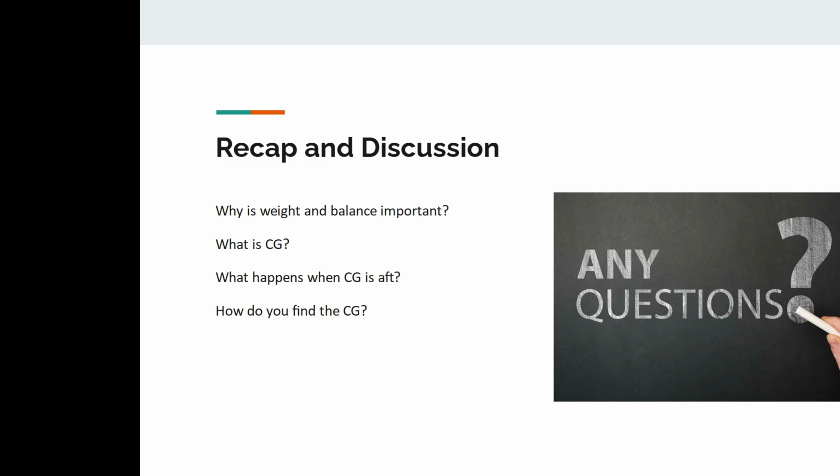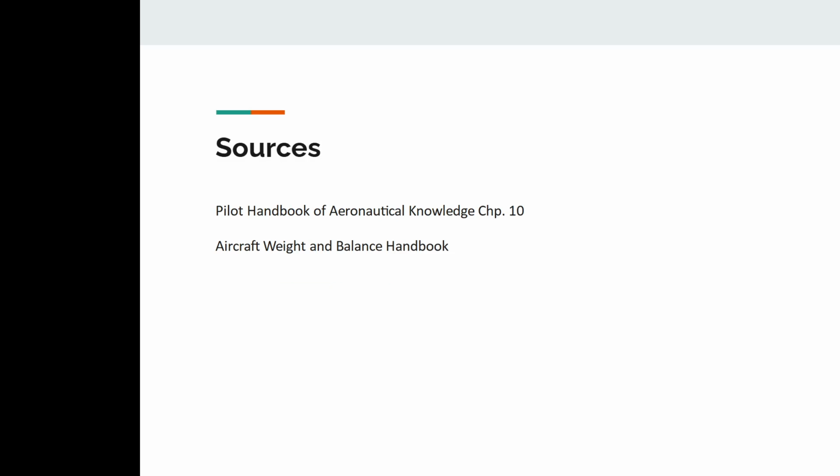And we already talked about how to calculate the center of gravity, so you can always rewind and go back, but this is the recap and discussion, and these are the sources: Pilot Operating Handbook, Aeronautical Knowledge, Chapter 10, really good on weight and balance, gives good examples and so forth.